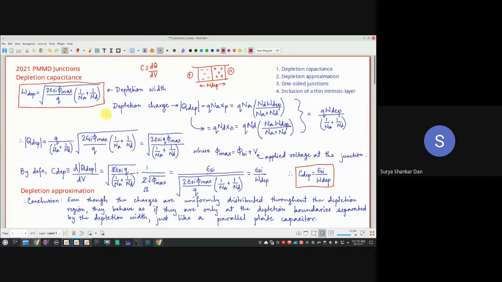ठीक है? So depletion charge क्या होगा? देखो, Q dep, that is the depletion charge, is equal to either the N region या फिर P region. अगर एज अ होल देखोगे तो चार्ज तो न्यूट्रलाइज हो जाएगा, राइट? So the charge will be zero. So for example, whenever we are speaking about a parallel plate capacitor, plus Q minus Q, तब हम कैसे निकालते हैं?